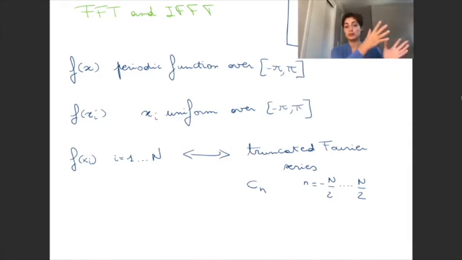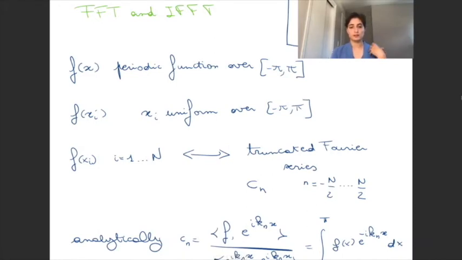So you have to have the same information in the phase space as you have in the sequence space. Applying a Fourier transform is not a magical way to get more information, it's just a way to get different information.